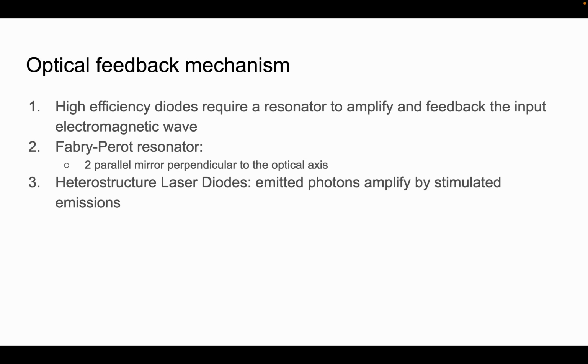The way it's built is that there are essentially two mirrors which are placed perpendicular to the optical axis, and the mirrors are parallel to each other. And this resonator is used in heterostructure laser diodes, and what happens here is that the emitted photons reflect across the mirrors, and they are amplified using the process of stimulated emission.